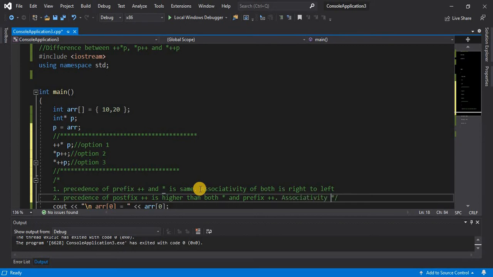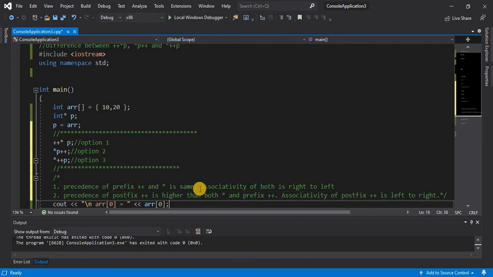Associativity of postfix plus plus is left to right. So you need to remember these two rules.